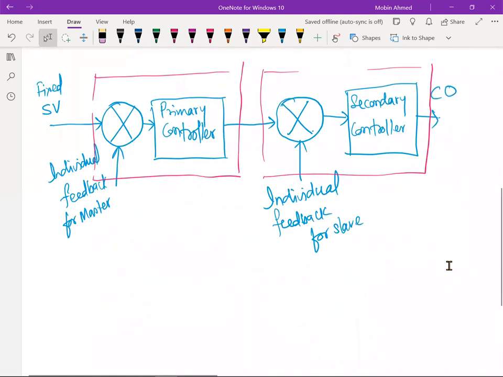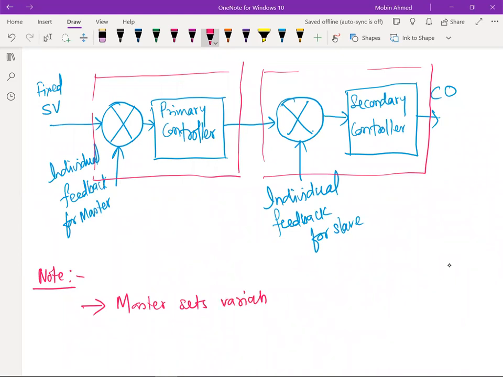So in this, that should be noted. So note that master sets variable set value for slave controller.